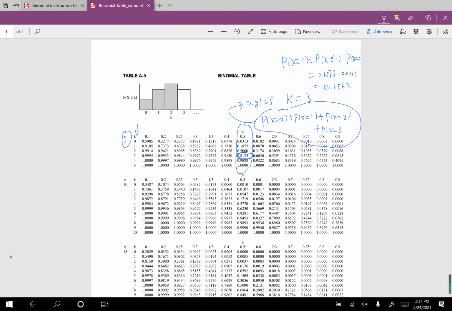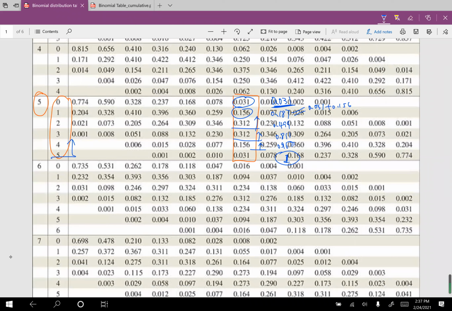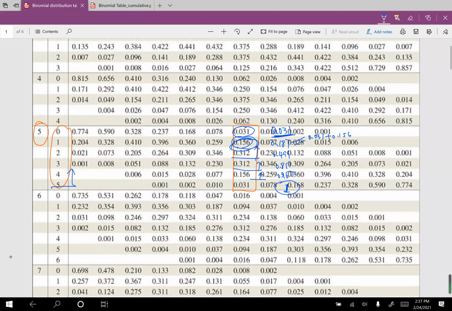We can verify that: 0.156. Same value. So you can use either table; it provides the same value.